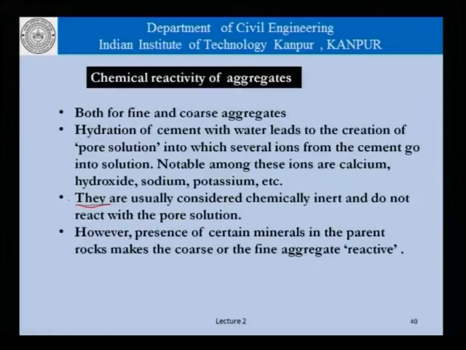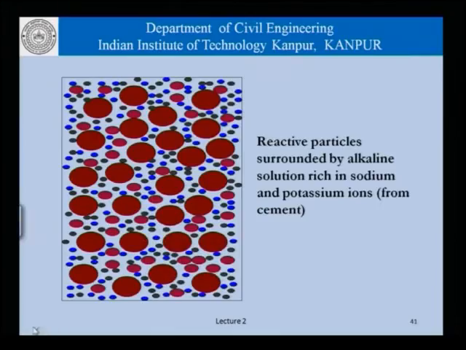However, in the presence of certain minerals in the parent rock, the aggregates become reactive, and when it comes to the evaluation of aggregates, whether it is coarse aggregates or fine aggregates, we must also make sure that the aggregates are chemically inert. So, let us recall this picture where we now could have reactive particles, whether coarse particles or finer particles.